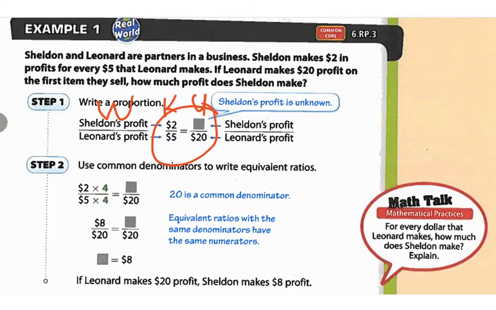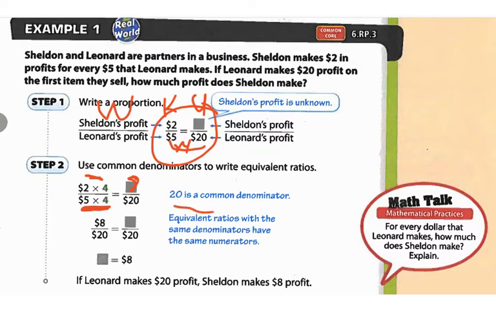Well, how do I get from 5 to 20? They're showing you here, we multiply by 4. If you multiply your denominator by 4, you must multiply your numerator by 4. And 2 times 4 is 8. Therefore, Sheldon makes $8 profit when Leonard makes 20.